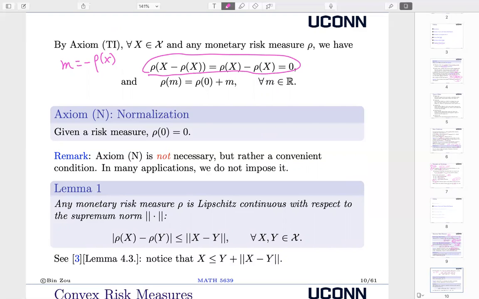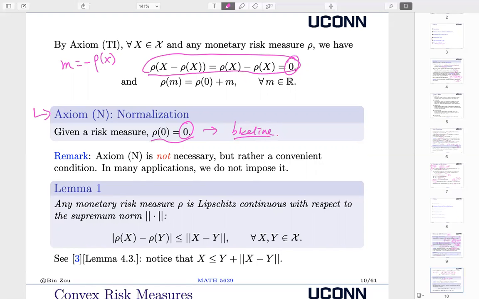So we apply this for m, and you get 0. Of course, 0 itself doesn't mean anything, but you can normalize it, like in the next axiom. We normalize 0 to 0. If there's 0, it means there's no loss, and of course no gain as well. If you do nothing, no action will give you 0 risk, or 0 measurement of risk. So this serves as a baseline.